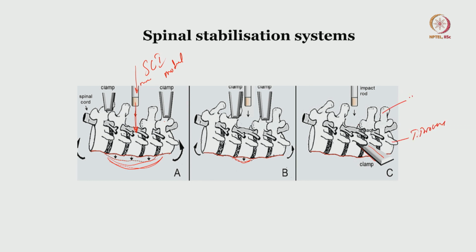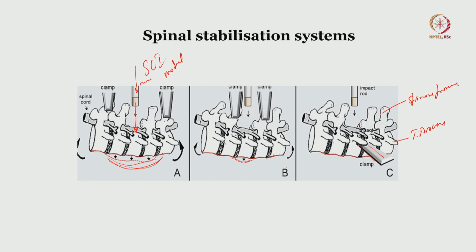Alright, this is spinous process. So this is the reason why we always tend to use these fixations under the transverse process, unless it is mice and very difficult to expose this particular transverse process.